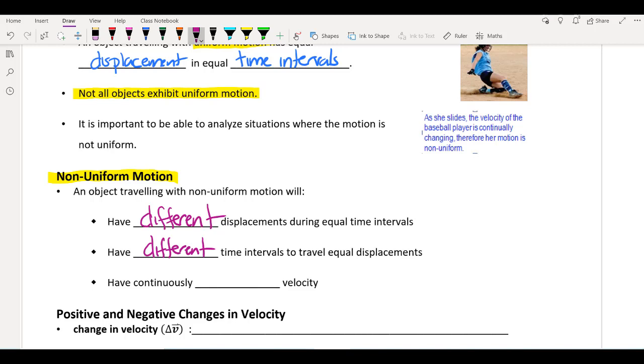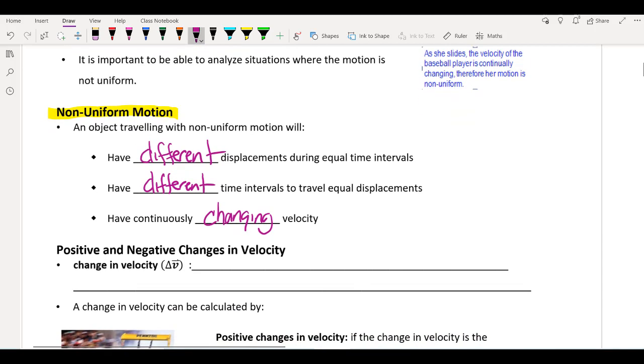So non-uniform motion is having continuously changing velocity, right?